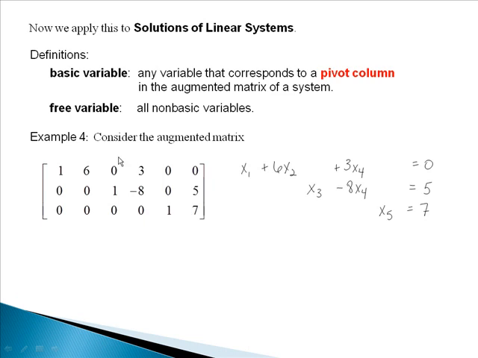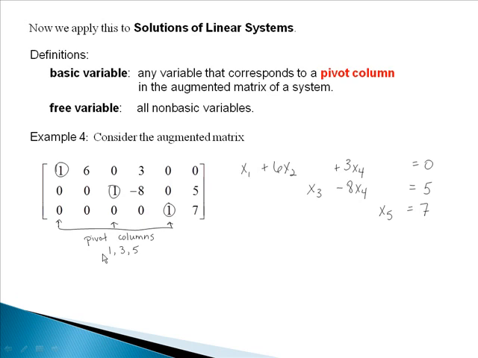So when we look at our augmented matrix, we notice that we have a pivot column here, here, and here, with the 1s being our pivots. So these are our pivot columns. And it turns out to be columns 1, 3, and 5.